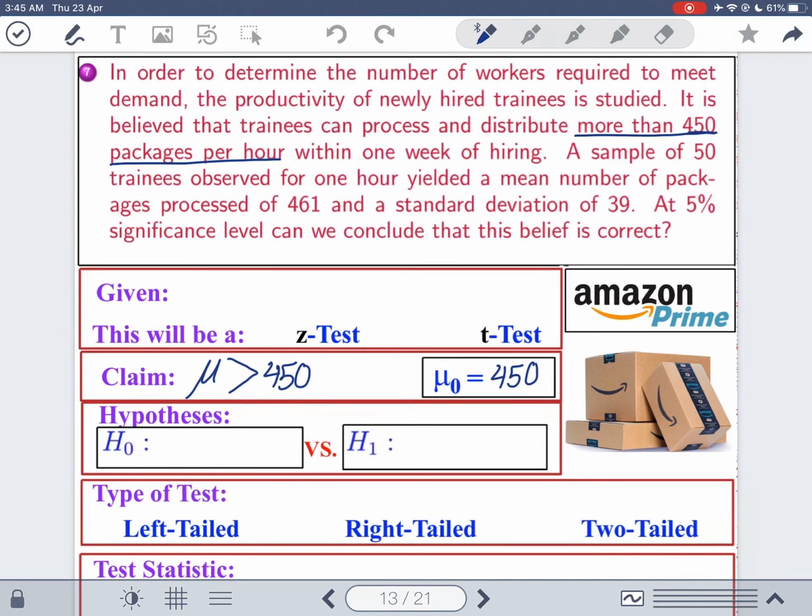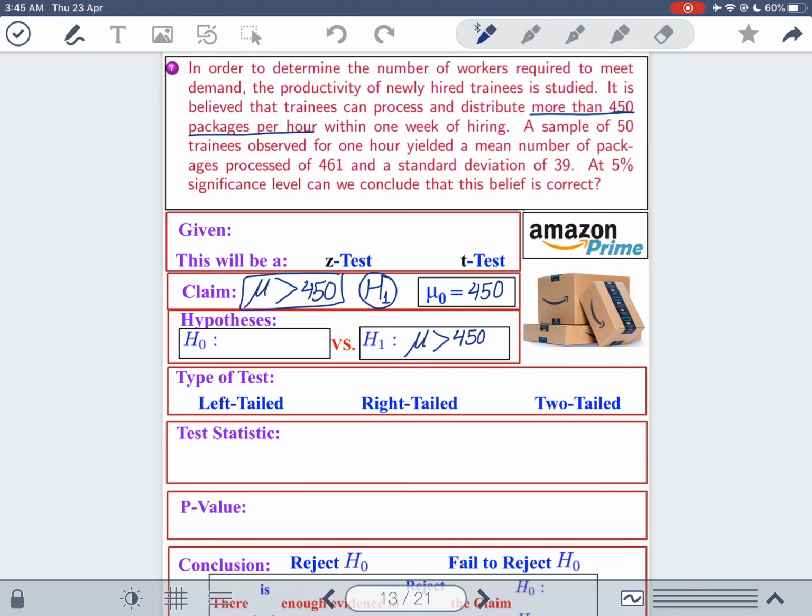Good. And what is this? This is the alternative hypothesis because it doesn't have an equal sign in it. And so you write it here, mu strictly bigger than 450. Even before you write the null hypothesis, since this has a strictly bigger, you know that it will be a right-tailed test.